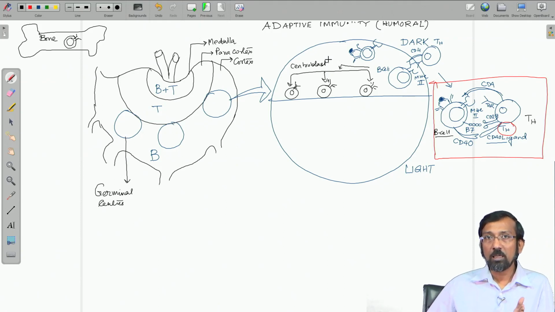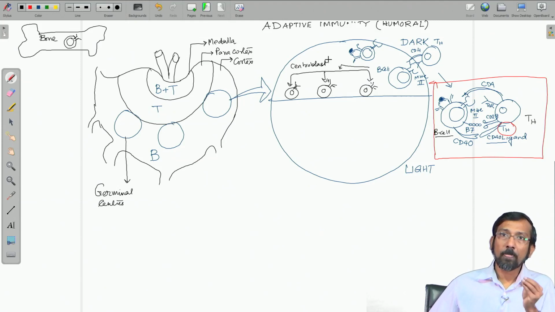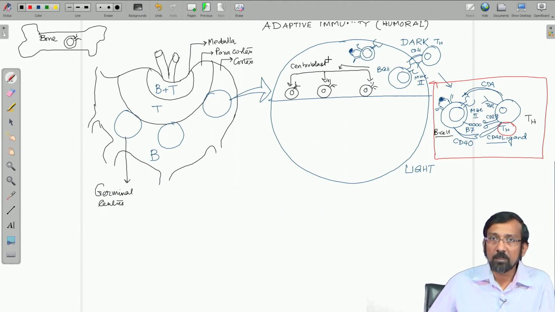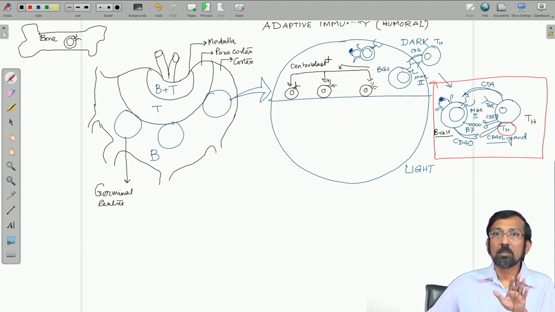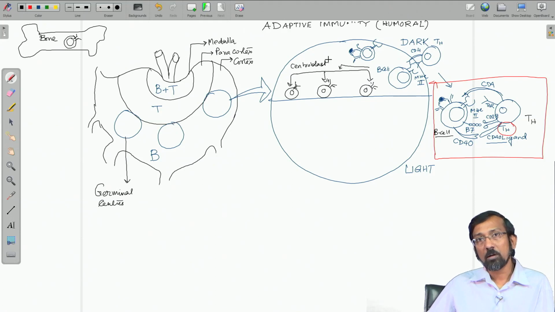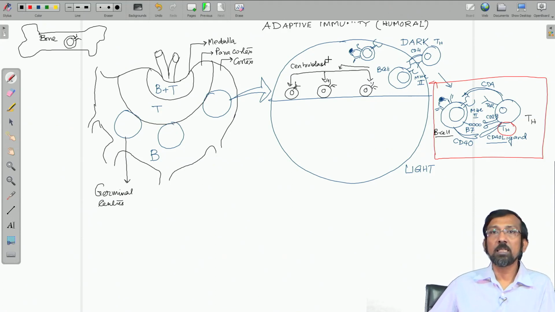Naturally, as we can understand from the logic, only those antibodies which have developed a higher affinity for the antigen by the somatic hypermutations will sustain, and those which have lesser affinity for the antigen will be destroyed.